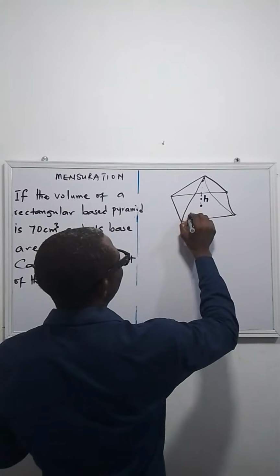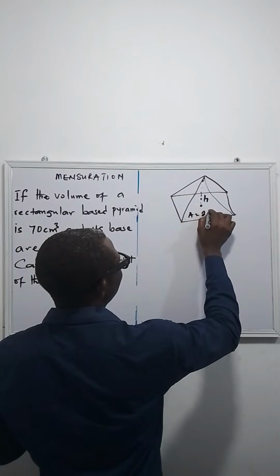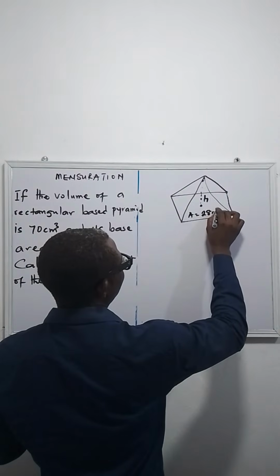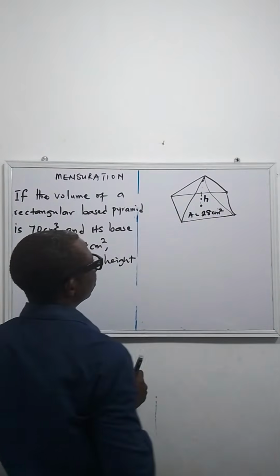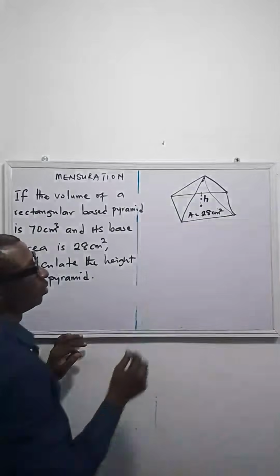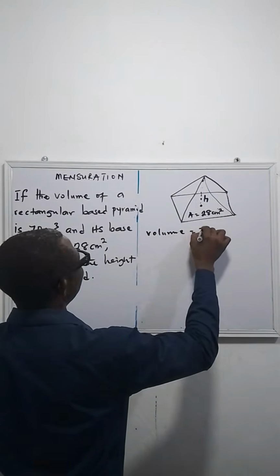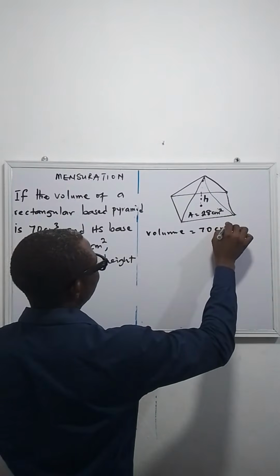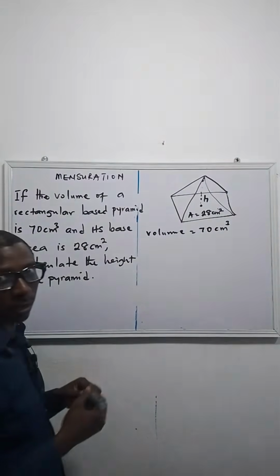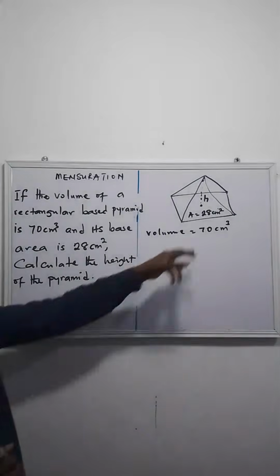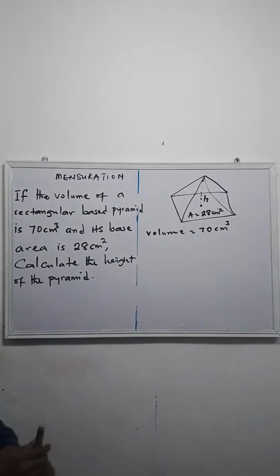The area is 28 centimeters square. We are also given the volume. The volume is 70 centimeter cube. So you have to calculate the height of this pyramid.